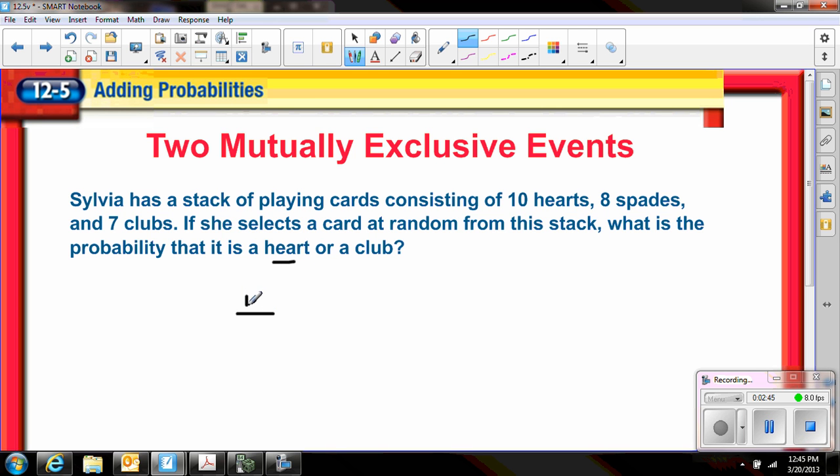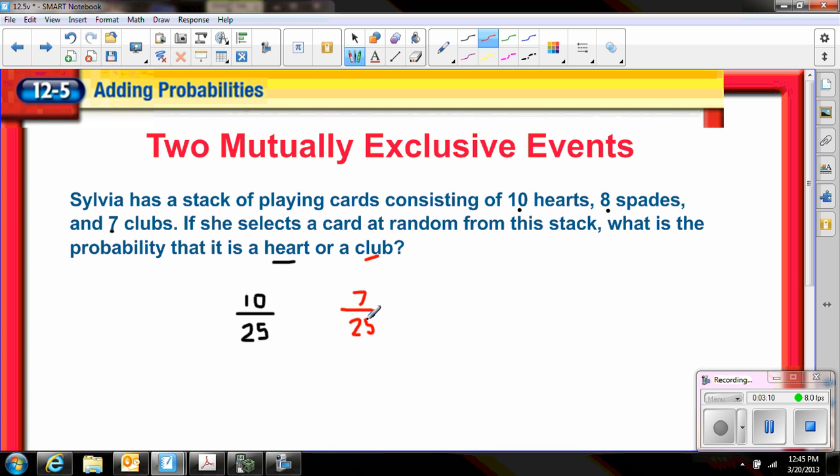I know there are 10 hearts in this deck that she has, and there are 10, 18, 25 total cards. So the probability of drawing a heart is 10 out of 25. The probability of drawing a club would be 7 clubs out of 25 total cards.